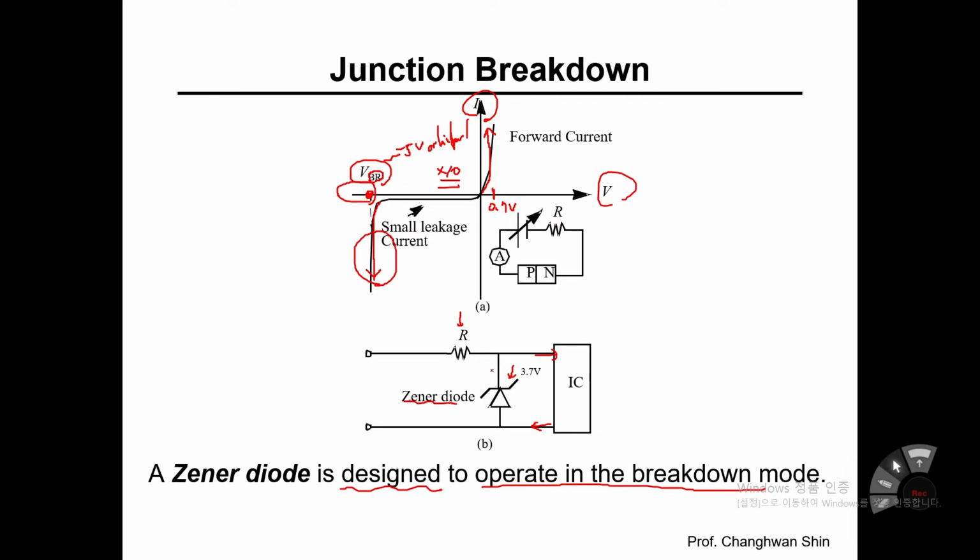So for the normal operation of the integrated circuit chip, the current should flow into the integrated circuit chip and flow out of the IC chip. That is normal operation.